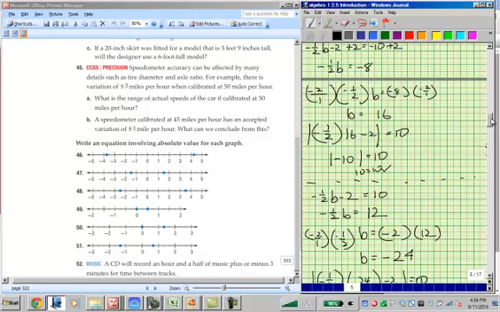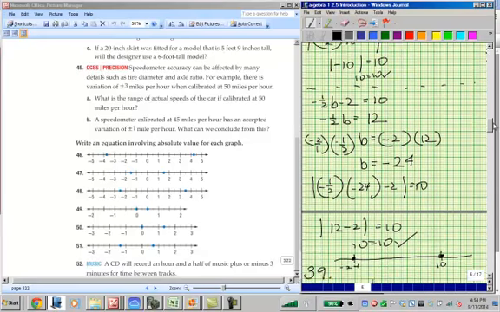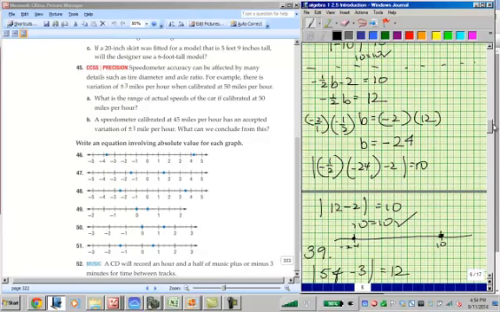Okay, now let's do negative 1/2 b minus 2 equals 10. Add 2 to both sides. Get negative 1/2 b equals 12. Multiply both sides by the multiplicative inverse, and then we get b equals negative 24. Then I plug in negative 24, and I get 10 equals 10.